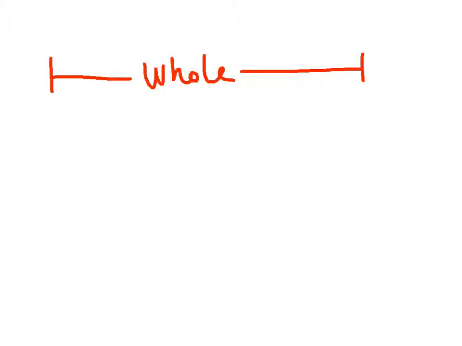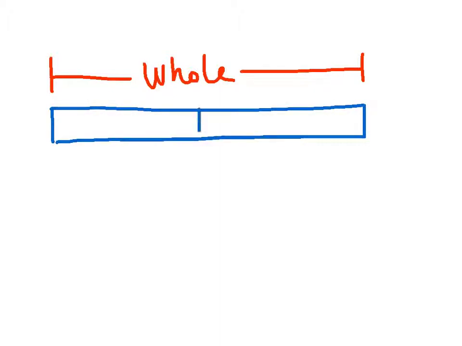So what you saw before was something like this. If you were to write it out, whole, and then let's get a different color for our parts. How about that? There's one part, and there's the other part.